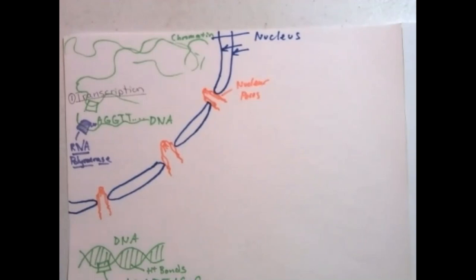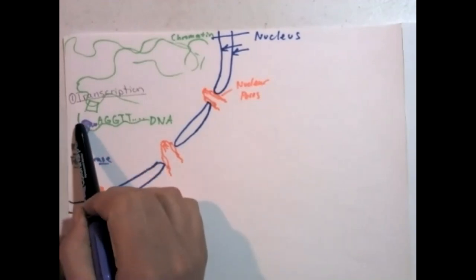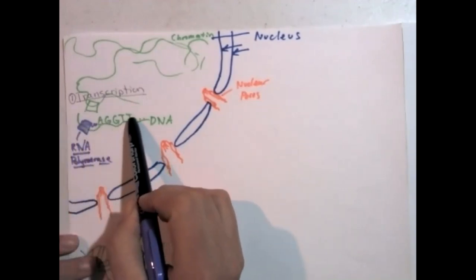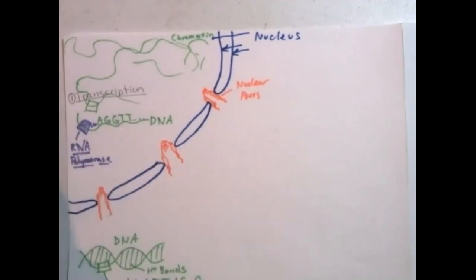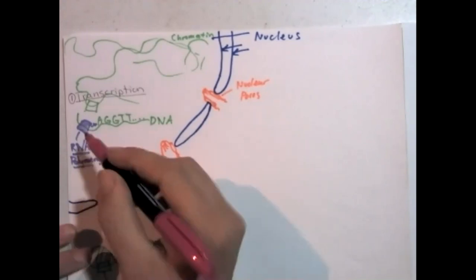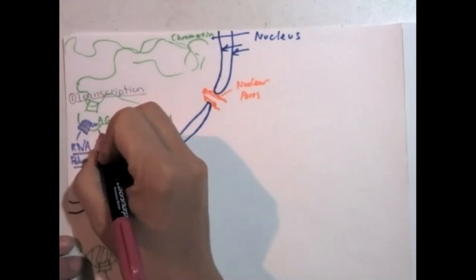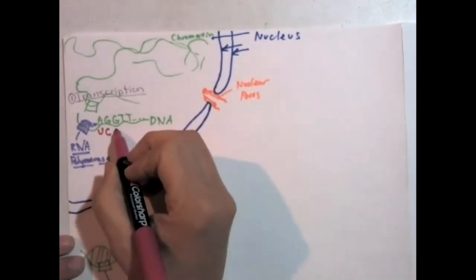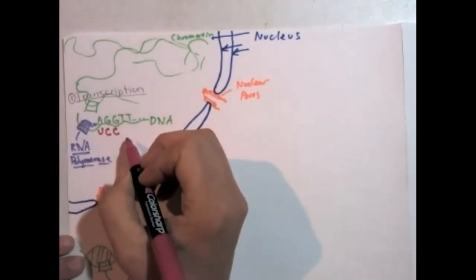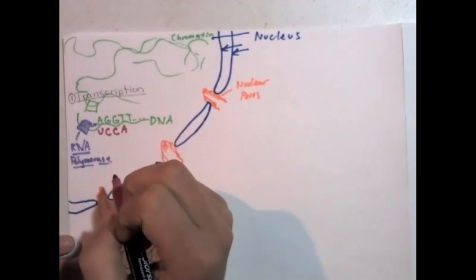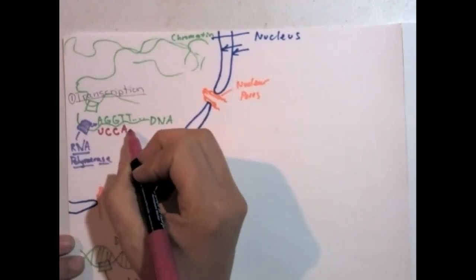So as this little RNA polymerase chugs along this strand of DNA, what it is going to do is attach the complementary bases to each other. A in RNA is complementary to U. G, always with C. T in DNA is complementary to A in mRNA.